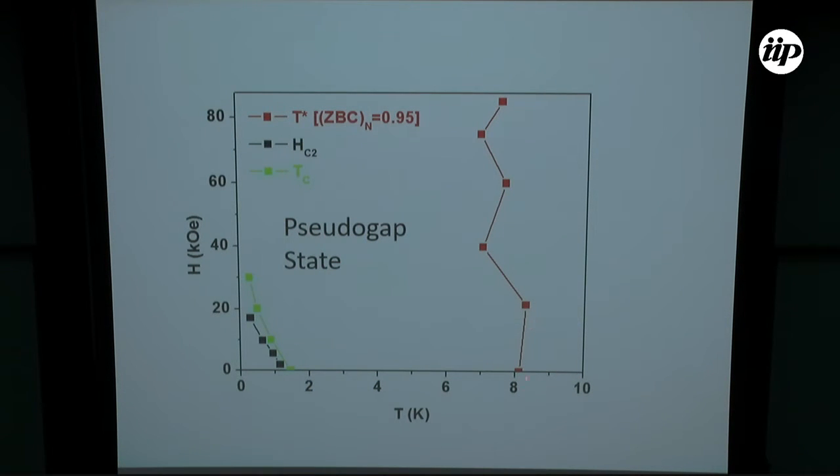T star is almost field independent, at least up to 9 Tesla. But here, this is the Hc2 line. These are two different criteria that we have used. But the Hc2 line is here. So the superconducting state is here. And you have this huge pseudogapped state that emerges, that remains here, and here it extends all the way down to T equal to 0.